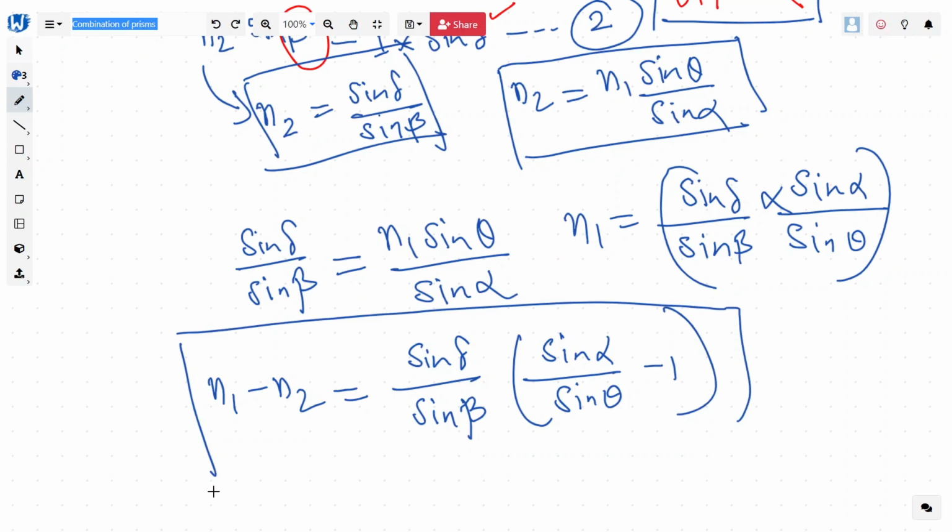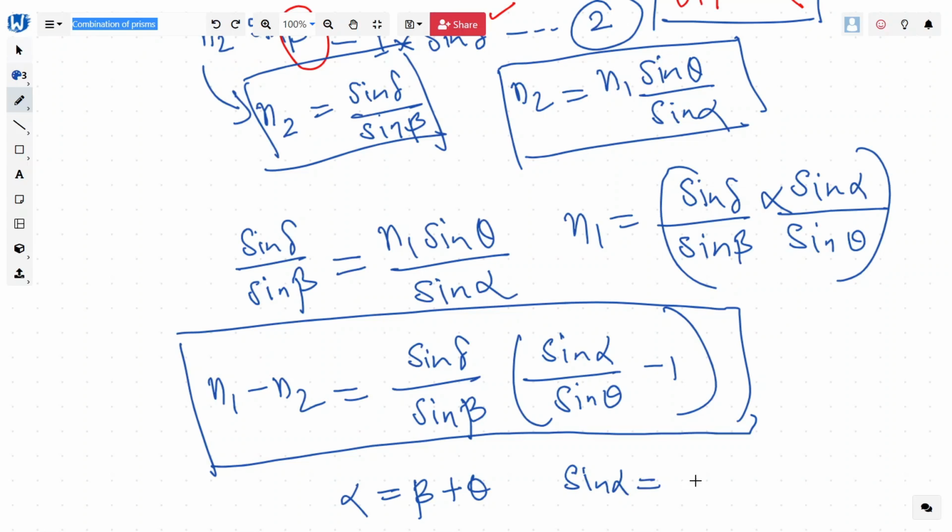So in here, now we have this unknown beta here, which we are going to sort of get rid of by this relation of sine here, right? So we know that alpha is going to be equal to beta plus theta. So sine alpha, we substitute here, sine of alpha is going to be sine of beta plus theta.